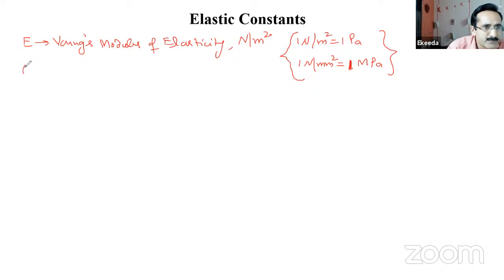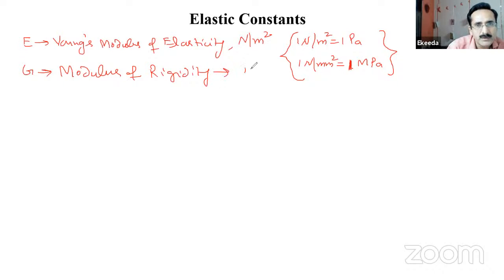Then we have G, the modulus of rigidity. The unit is the same, Newton per meter square, or Newton per millimeter square, or megapascal. Then we have bulk modulus. Again, the unit is the same because these are similar things.